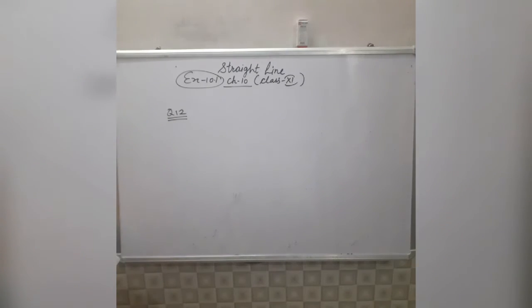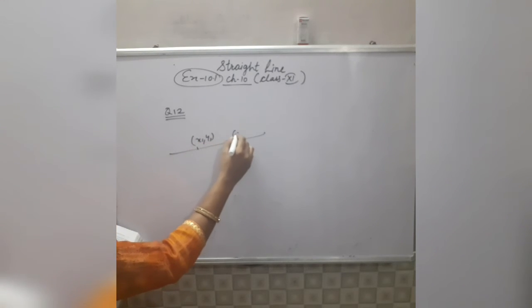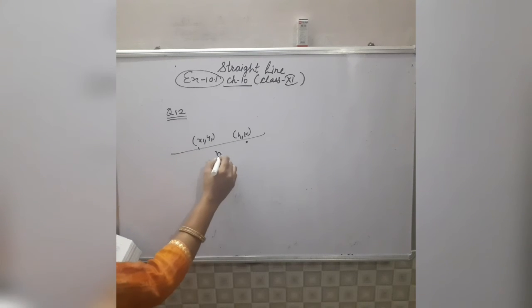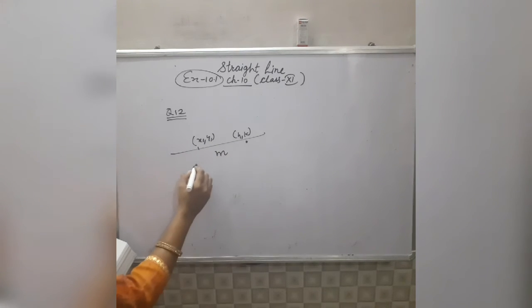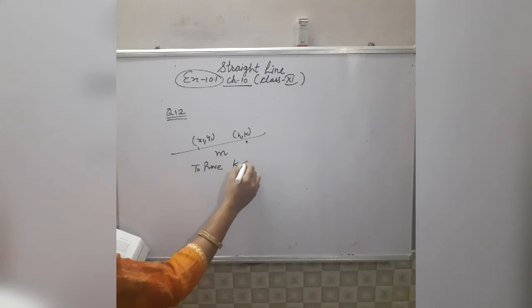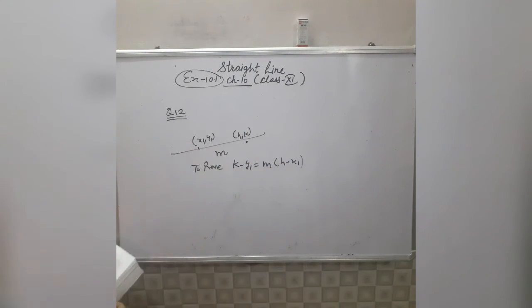In question number 12, a line passes through x1, y1. The second point is h, k. If the slope of the line is m, then show that k minus y1 equals m into h minus x1. It's very simple.